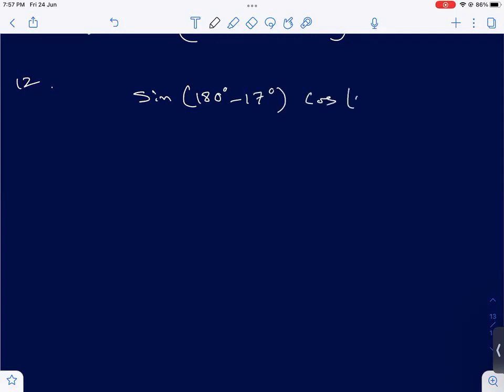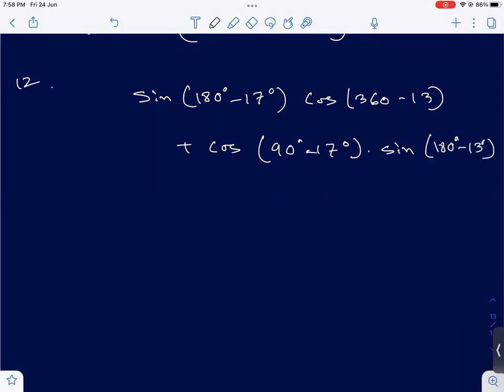Similarly, cos 360 minus 13 plus cos 73, sin 73 is cos 90 minus 17, cos 90 minus 17 degree into sin 180 minus 13.